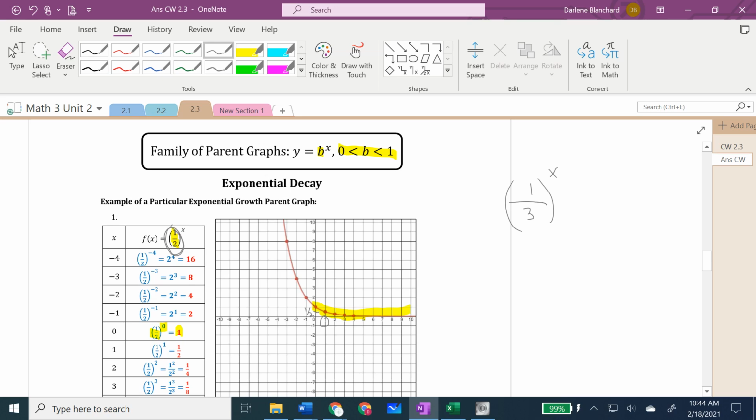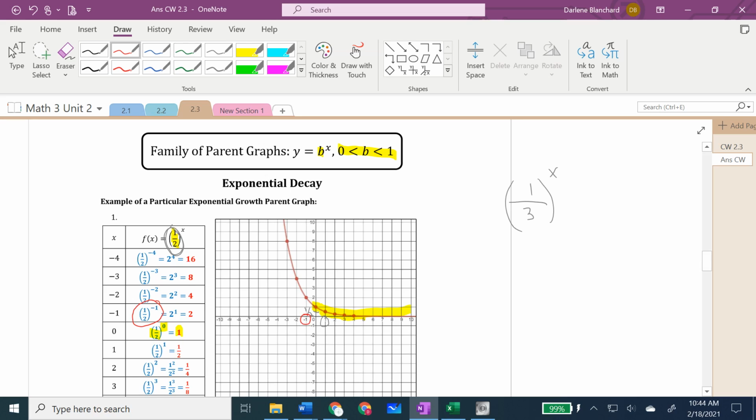What I want you to see is if you put -1 in, so this one was 1/2. If you put in -1, that negative exponent says flip that fraction, and then you've got a nice number.